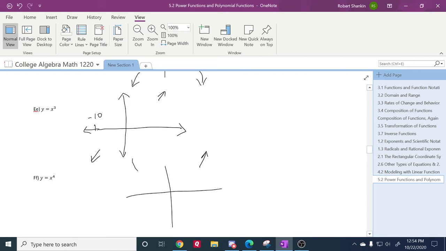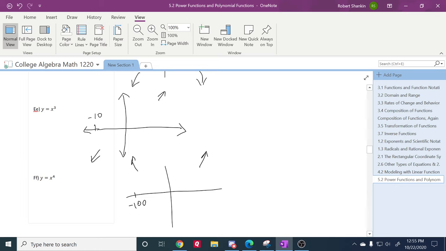The key is the even power. When it's an even power, even if you have a negative input, like negative 100, when you raise that to an even power, all the negatives pair up and multiply together, and there's no extra negative, and you get a positive huge number on both sides.